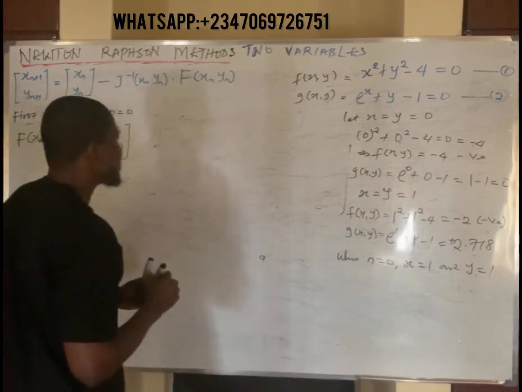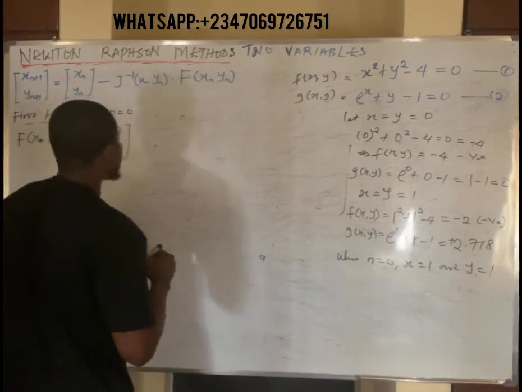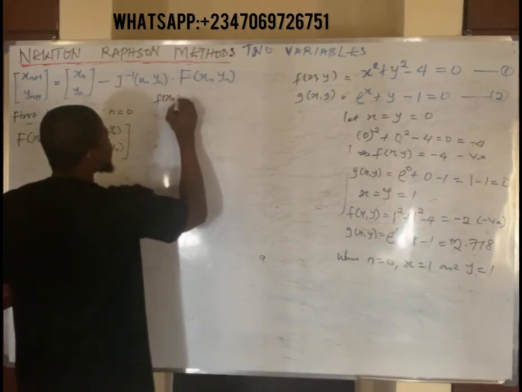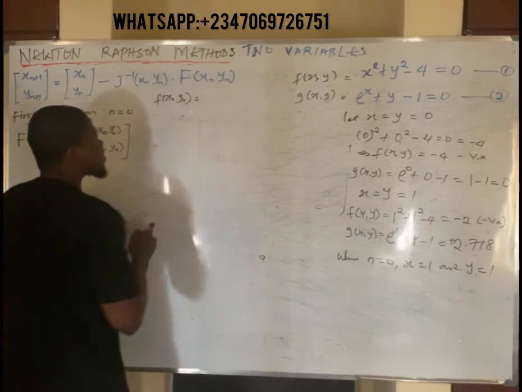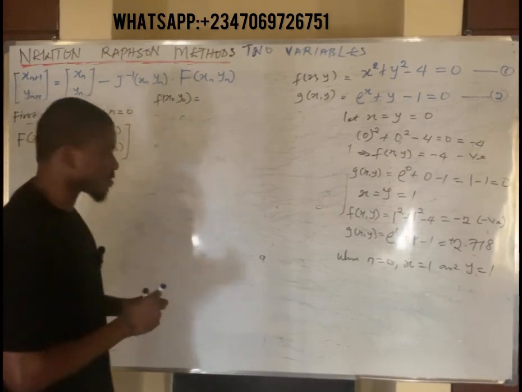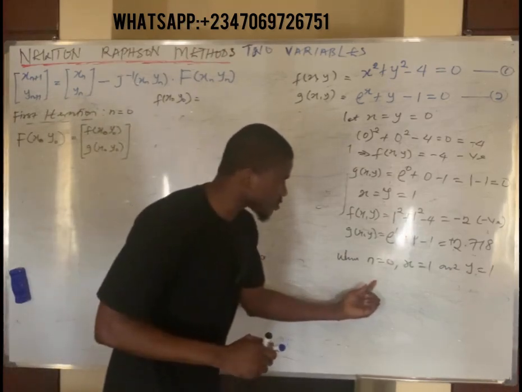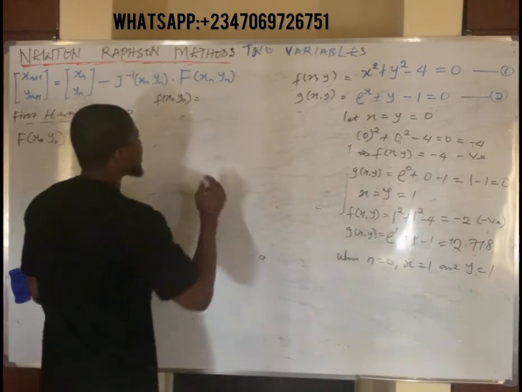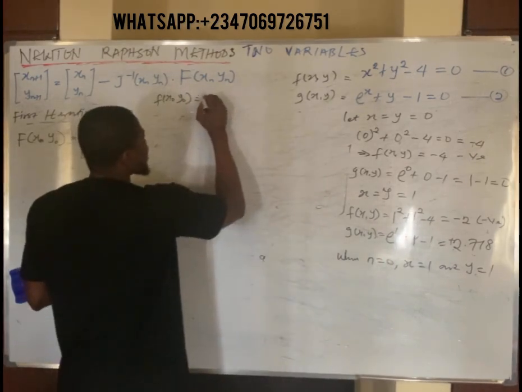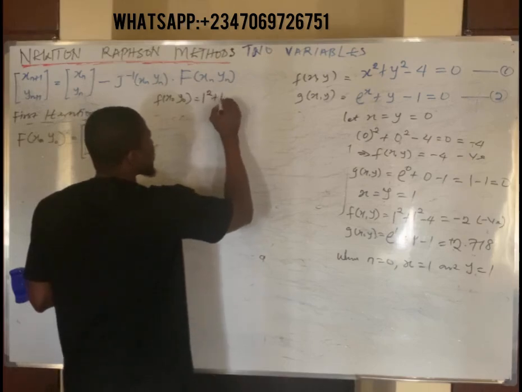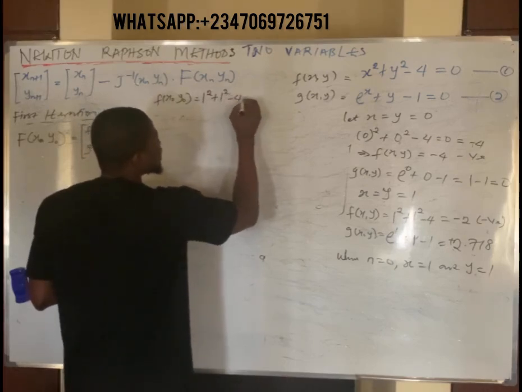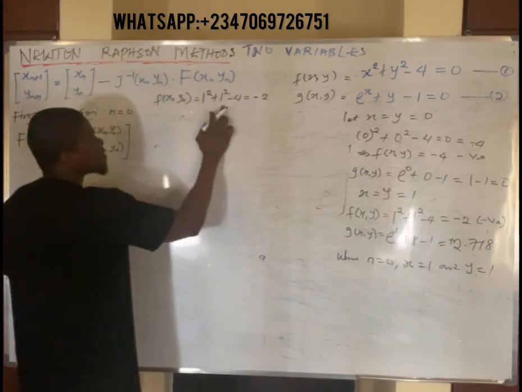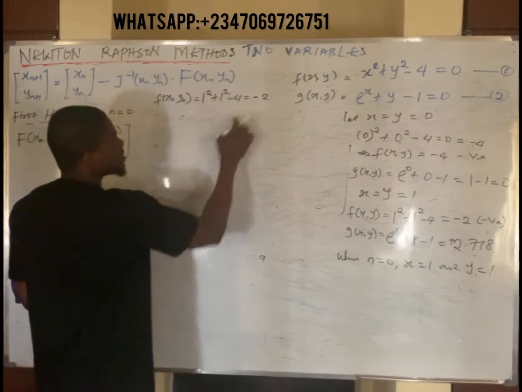So let us find f of x naught, y naught. That simply means plugging the value of the initial guess into the function, and we took our initial guesses to be 1 and 1. So for the first equation, 1 squared plus 1 squared minus 4. This simply gives us negative 2. 1 squared plus 1 squared is 2, and 2 minus 4 is simply negative 2.